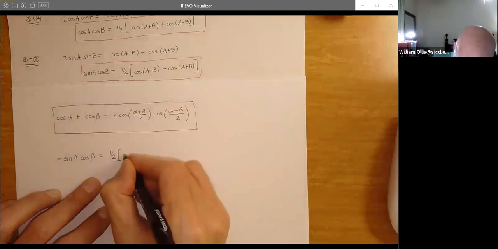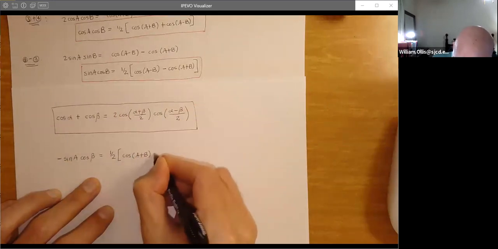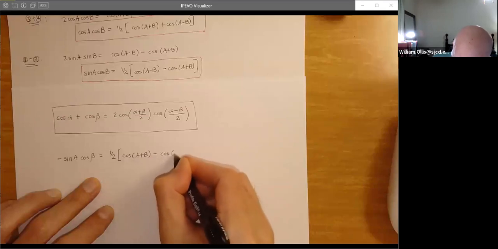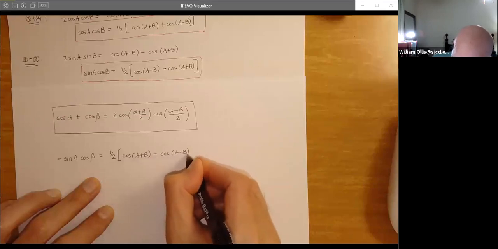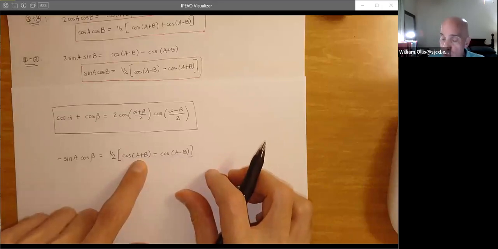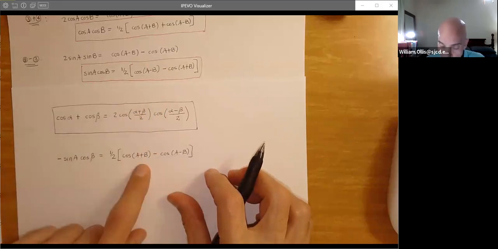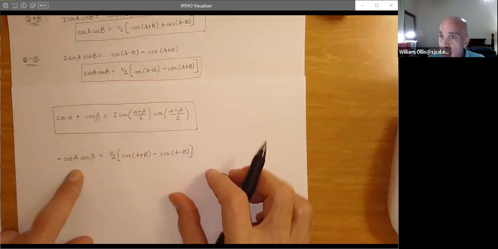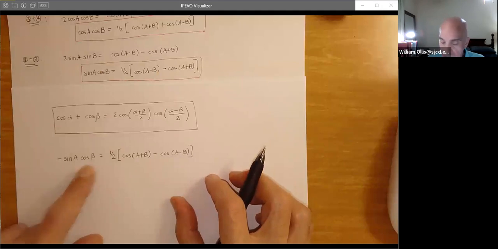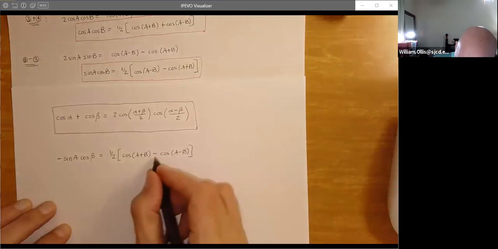So this is going to be cosine A plus B minus cosine A minus B. In the literature, ladies and gentlemen, this term is preferred to be first. So if you multiply this by -1, it flips the order, and of course that gets a negative. And this is the preferred way to write it. Again, convention, but I don't want you to see it written in another way and then wonder where that negative came from. So now this gives it to us.